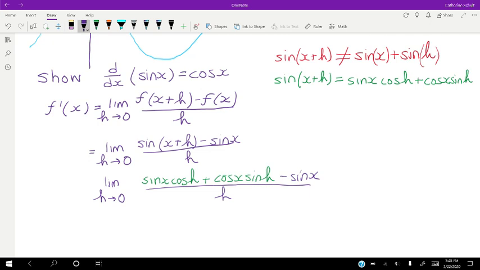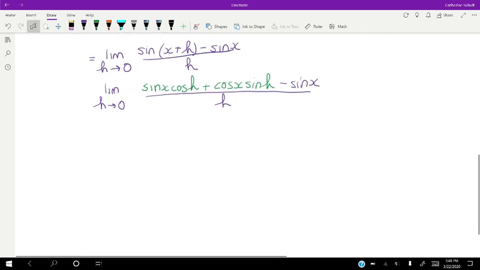All right, so what can we do? Well, we're going to do a little bit of manipulation. I'm going to put the sine x over here because I notice there's another sine x term, so maybe I can factor that out. And then I'm going to separate our fractions because we have terms in addition and subtraction in the numerator, so we can separate out each term by dividing it by h.